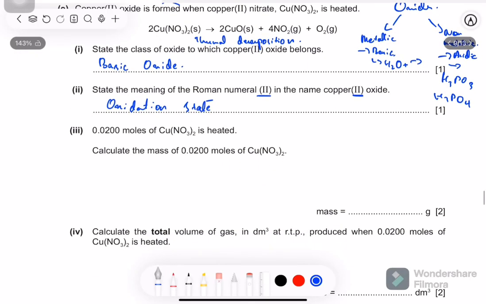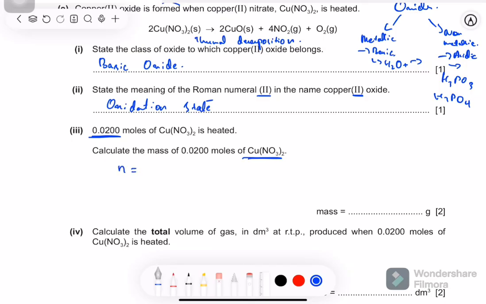Next, 0.0200 moles of copper II nitrate is heated. Calculate the mass of 0.02 moles of copper II nitrate. So the formula linking moles, mass, and what else can we know over here apart from mass?